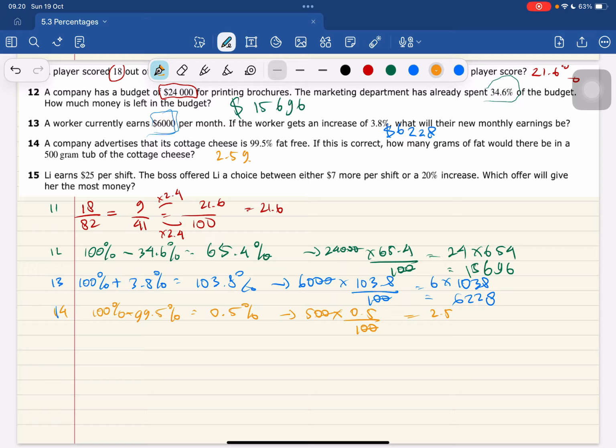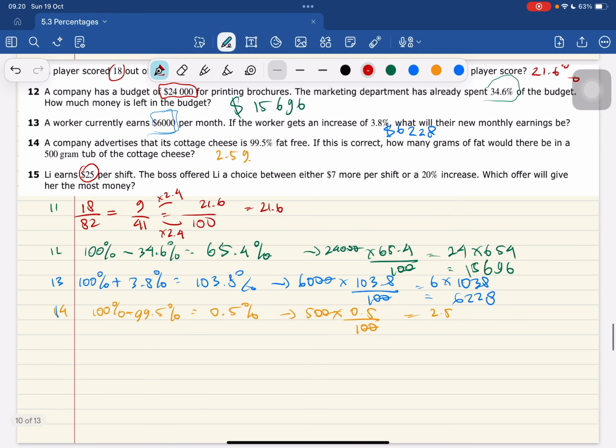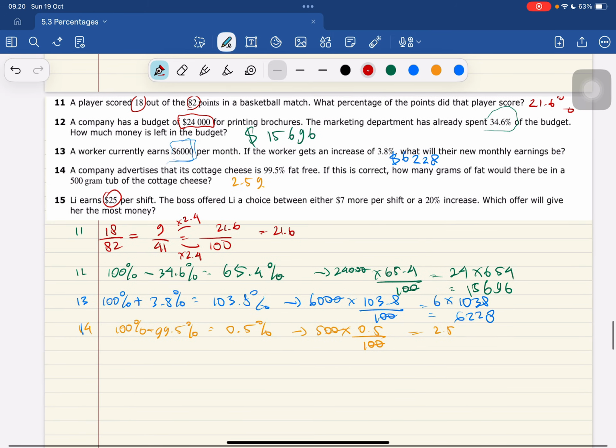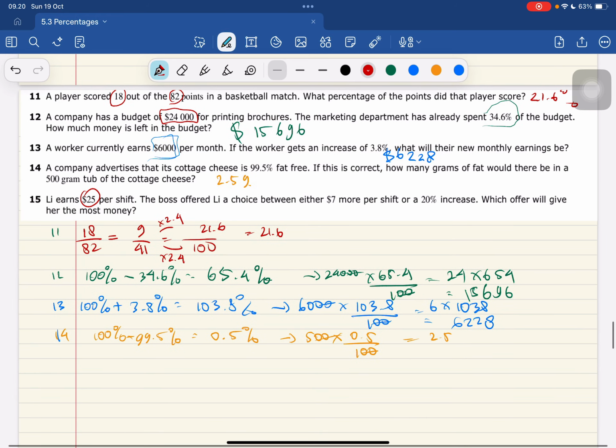Next, we go from here. Lee earns $25 per shift. The boss offered Lee a choice between either $7 more per shift or a 20% increase. Which offer will give her the most money? So 15. So let's check it. $7 more per shift or 20%.